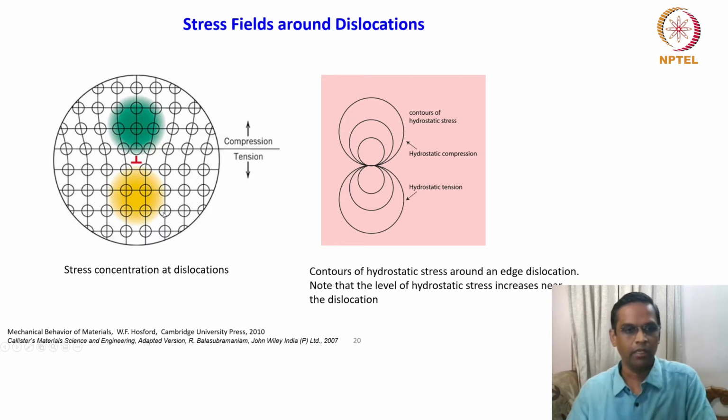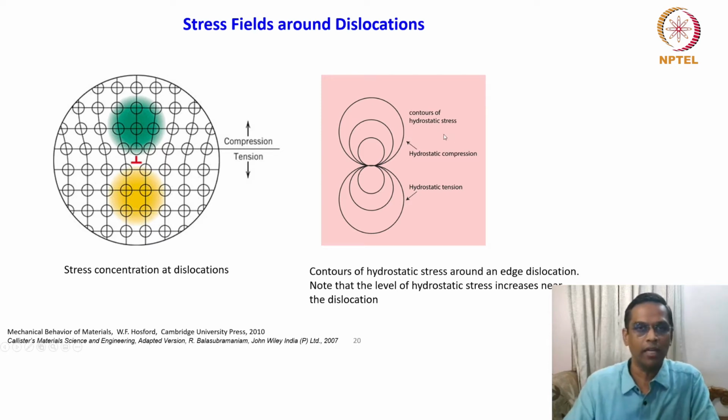We have just shown it nicely in the picture like this, but if you get into the details, it is much more interesting to note that contours of the stress fields are shown here, and it is not simple compression or simple tension. It is hydrostatic stress. So you know the meaning of hydrostatic stress now, because we have enough background for that. The above one is hydrostatic compression and the bottom one is hydrostatic tension.